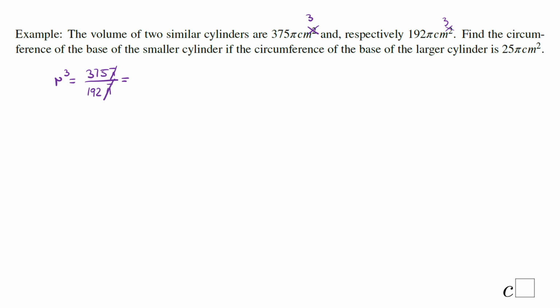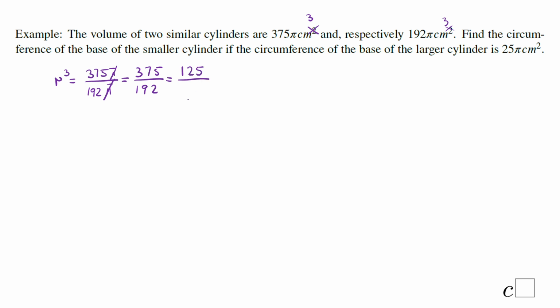It looks like both of them are divisible by 3, right? We have 375 over 192. So 375 divided by 3 will be 125, which is a nice number, right?